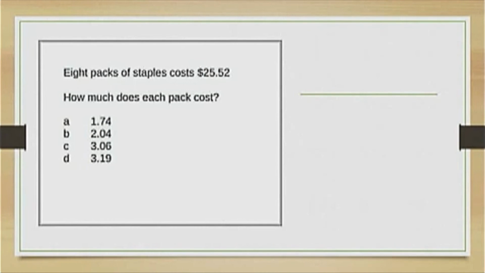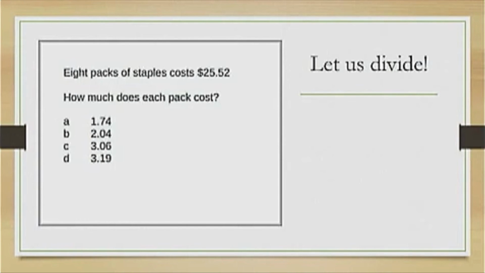Next question. 8 packs of staples cost $25.52. How much does each pack cost? So let us divide. Why are we dividing? They told you the cost of 8 packs. Then they ask you the cost for 1 pack. So you would have multiplied to get the total cost for the 8.